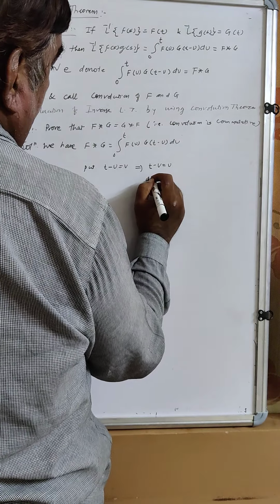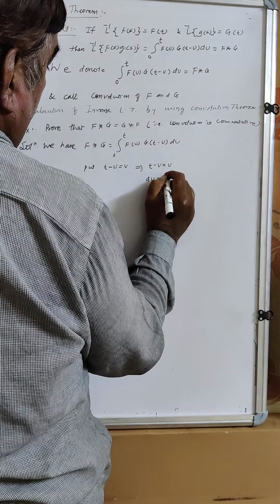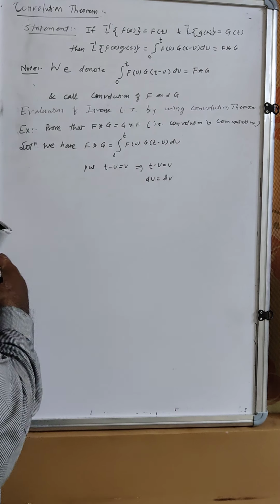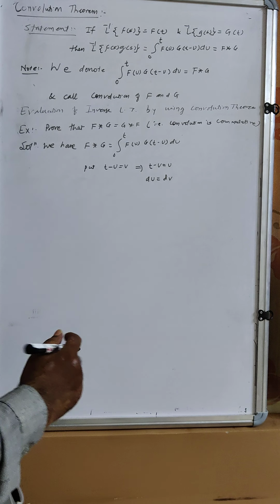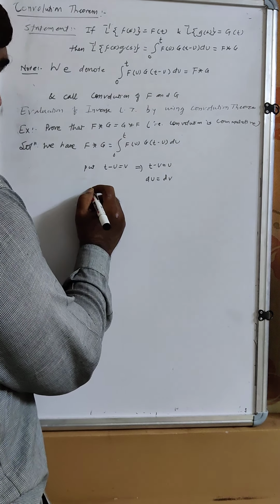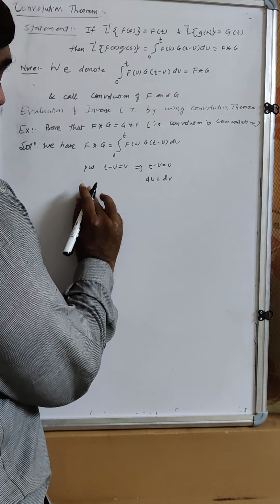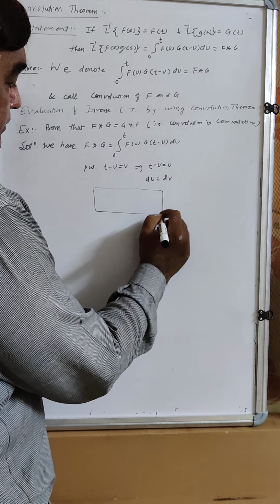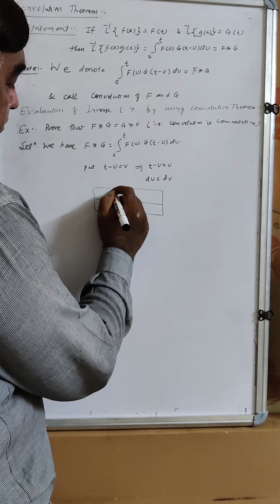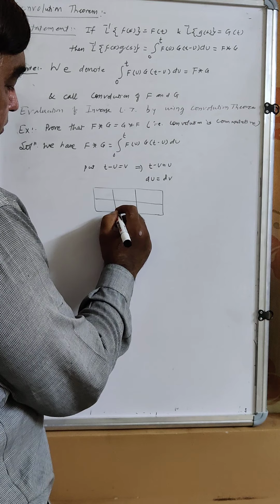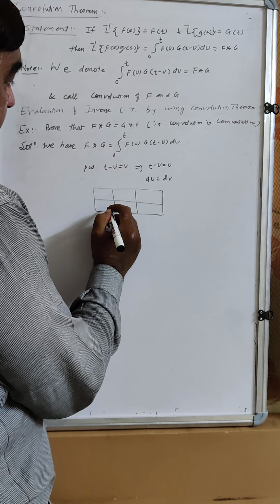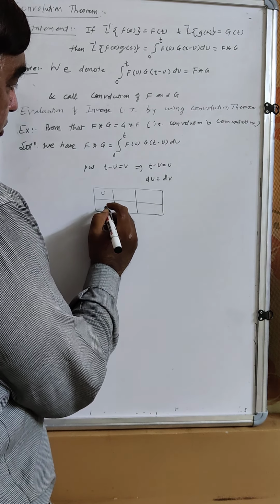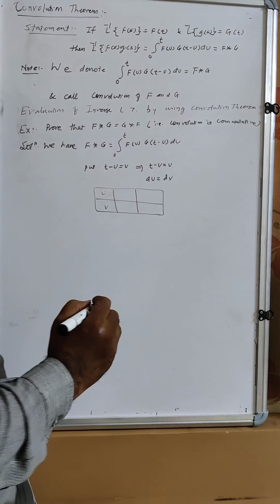Therefore, du is equal to minus dv, t is constant. Therefore, limits are also changed. Limits of u, limits of v.